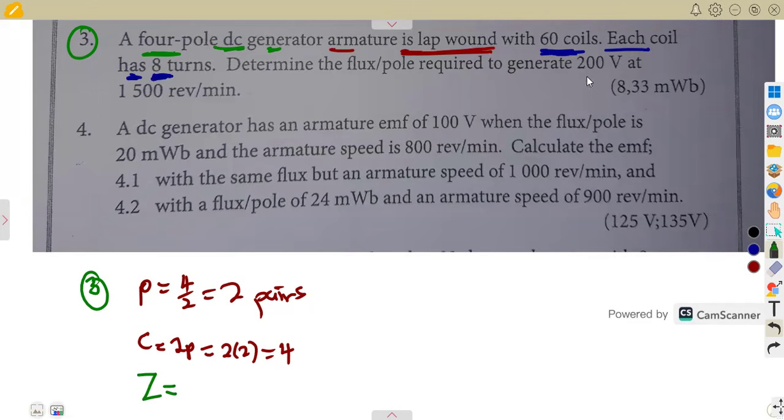We are going to multiply the number of coils by the turns that you are given, which is 60 times 8. Now, remember we are dealing with a lap, so we are also going to consider, for a lap, multiplying by 2.